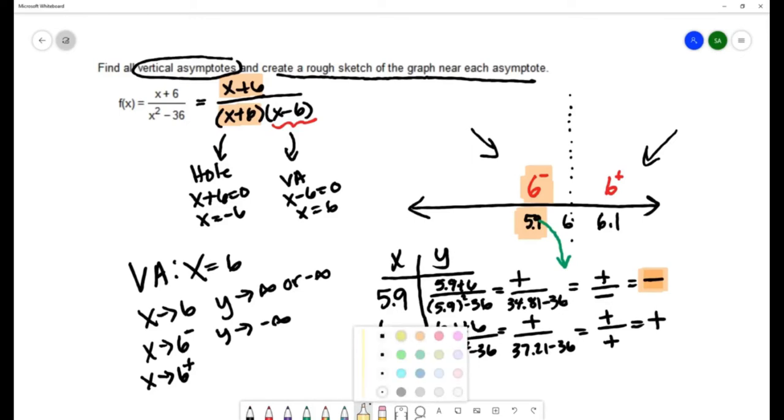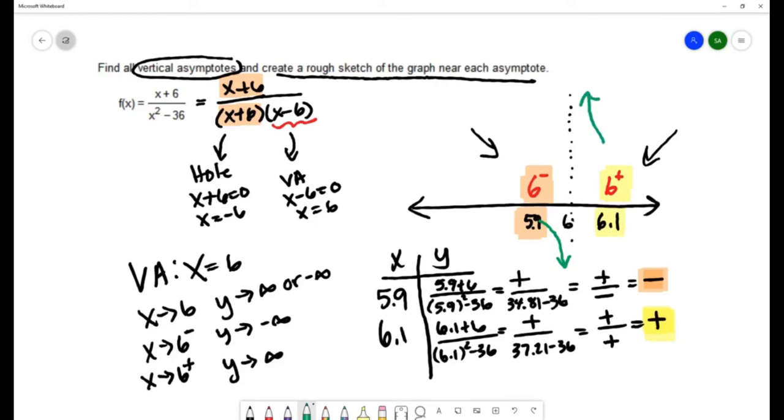Remember, I chose this 6.1 to be above 6. That plus indicates that I'm going to go to positive infinity. So now I know that y is approaching infinity from above. So when I sketch, I'm going to draw it going to positive infinity.